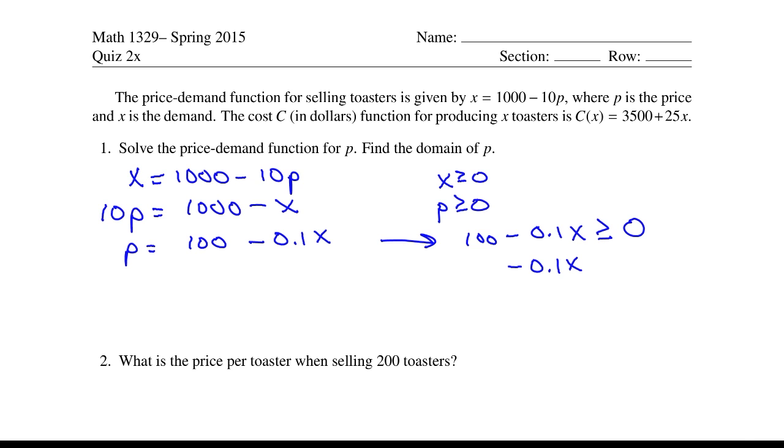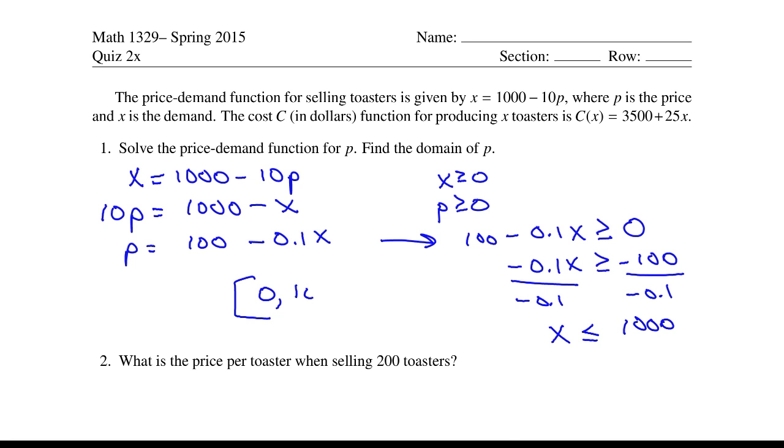So -0.1x is greater than or equal to -100. Then divide both sides by -0.1. That gives me x is less than or equal to 1,000. Don't forget to flip the inequality sign around because you're dividing by a negative. And if we write this as an interval, we're going to have 0 up to 1,000.